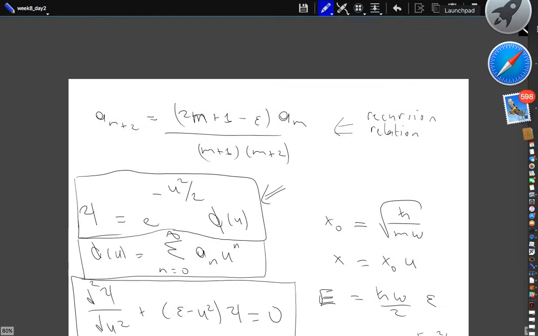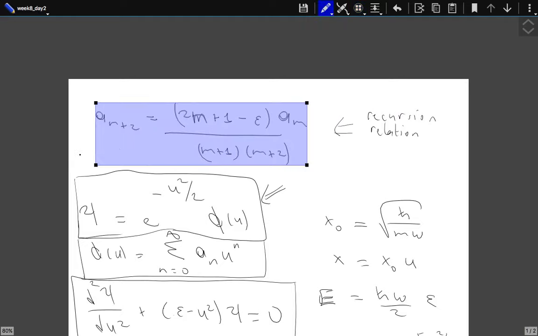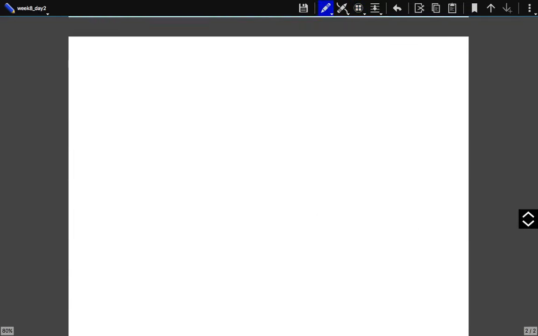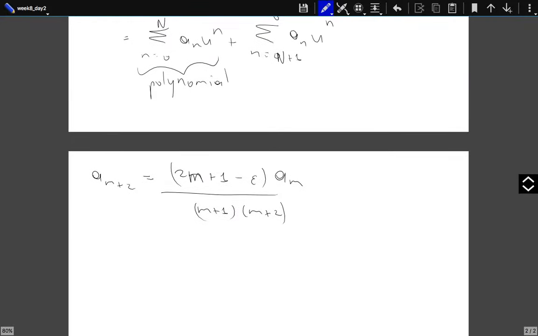Now here is our recursion relation. Now I said that capital N can be as large as you want. For a given epsilon, I can choose that capital N much larger than epsilon. Much larger than 1, much larger than 2.